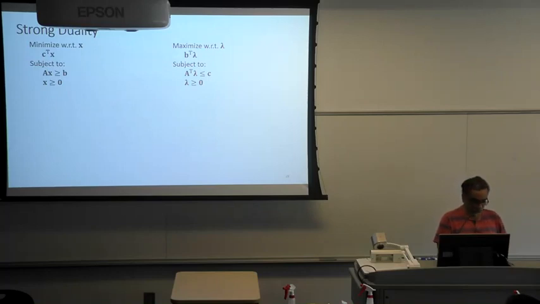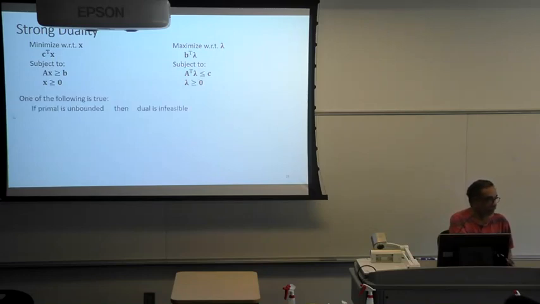So what happens if this is unbounded, or when the primal doesn't have a solution? What happens to the dual? I won't prove this. If the primal is unbounded, the dual is infeasible. So if this is unbounded, x can go to infinity, then the dual doesn't have a solution. On the other hand, if the primal is infeasible, if this doesn't have a solution, then the dual is unbounded.